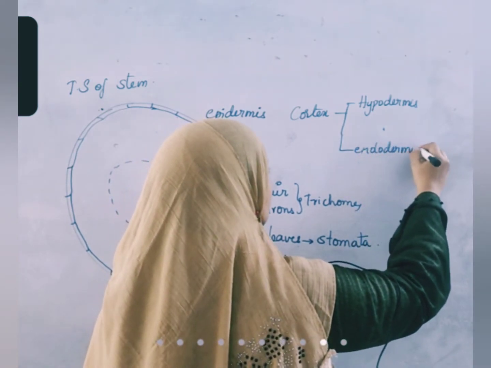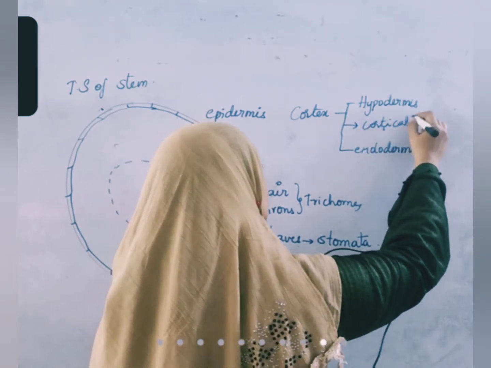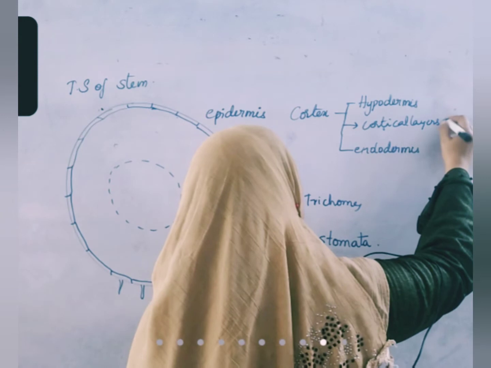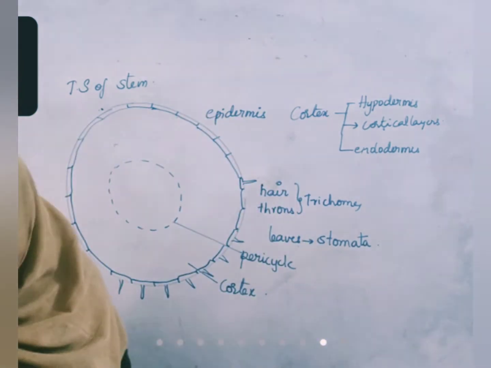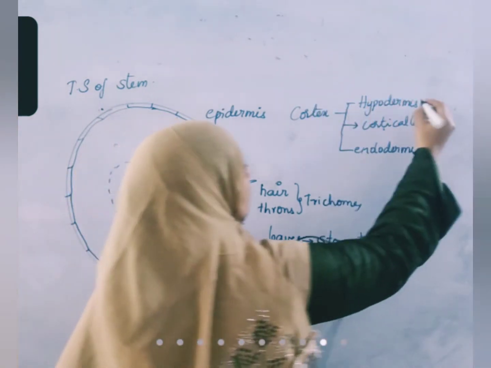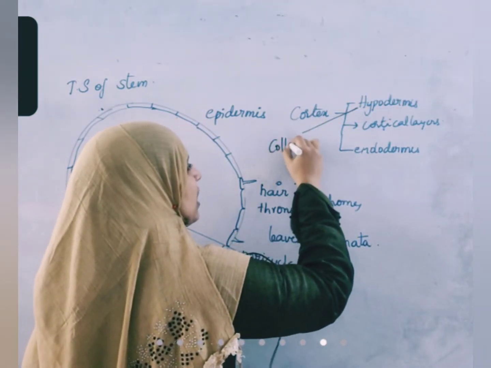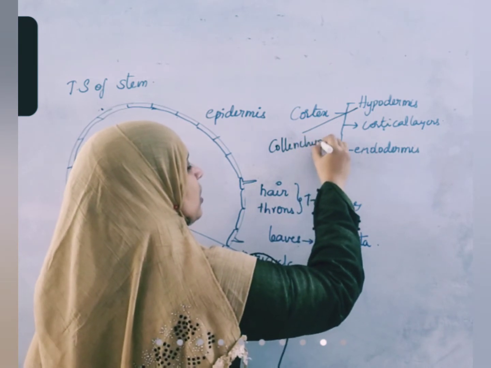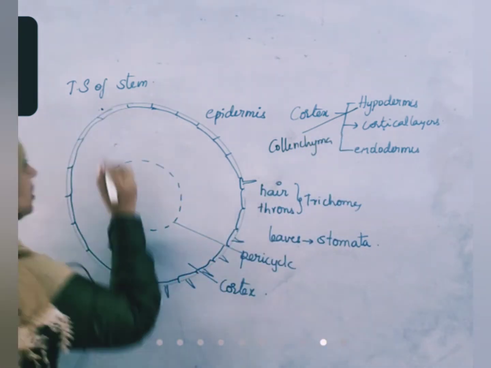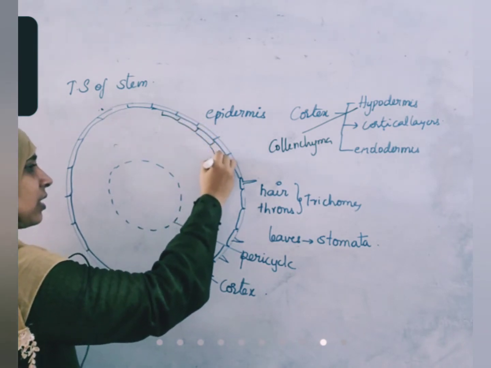And the middle layers are cortical layers. Hypodermis is made of collenchyma cells. Collenchyma cells are present just below the epidermis layer.